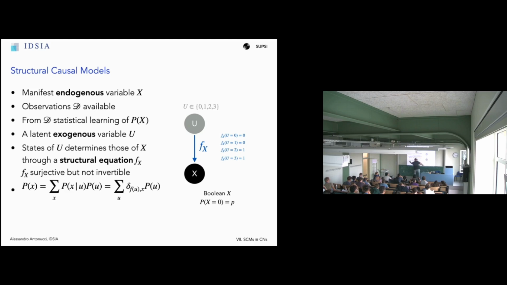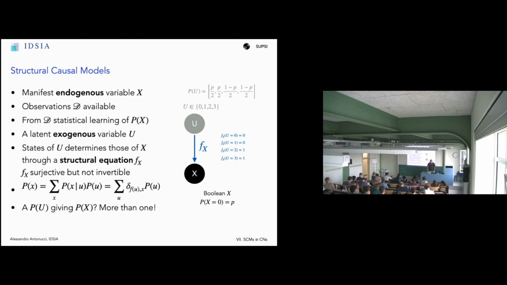So I should not move from P of u to P of x, but from P of x to P of u. Small problem, the mapping is not invertible. You see, this happens in general. I have many states of u going to the same state of x. So if I invert the relation, in general there is under-specification of P of u given P of x.